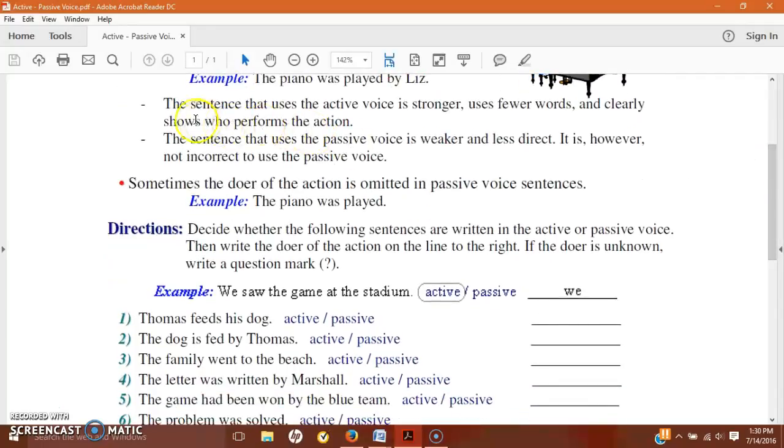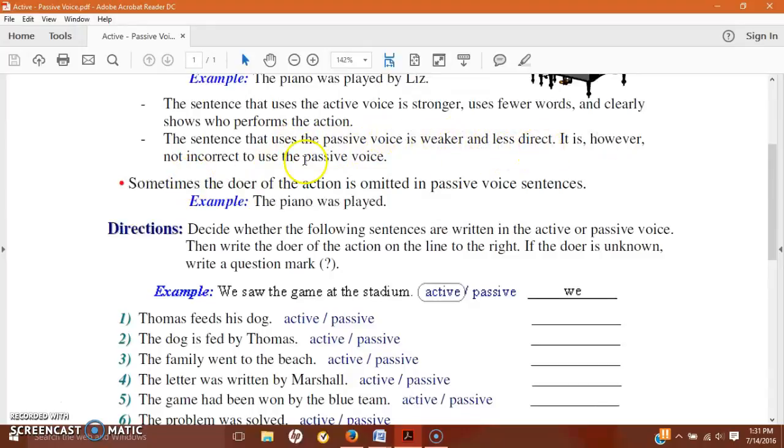So their reasoning here, which I totally agree with, and which holds in the humanities in general, is that the sentence that uses the active voice is stronger. It uses fewer words and clearly shows who performs the action. And this is the case for all active voice examples. The sentence that uses the passive voice is weaker and less direct.